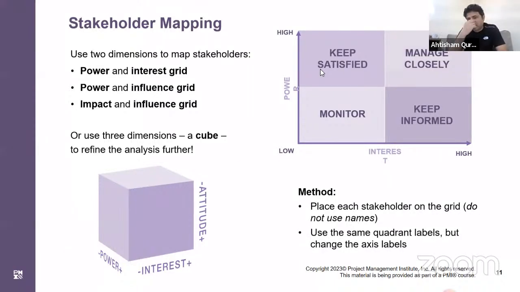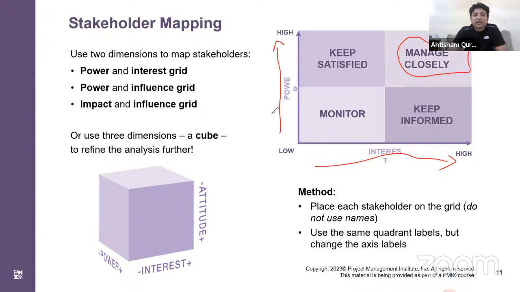We can say that okay, we will manage them closely because they have got the power as well as the interest in the project. So those stakeholders who have high power and high interest, top right corner, we need to manage them closely.